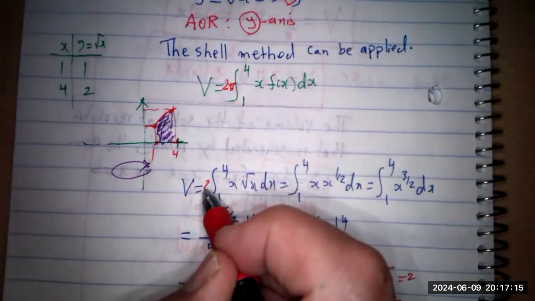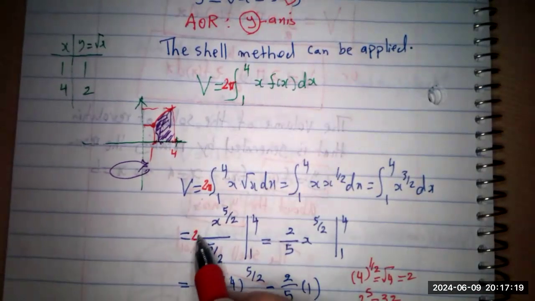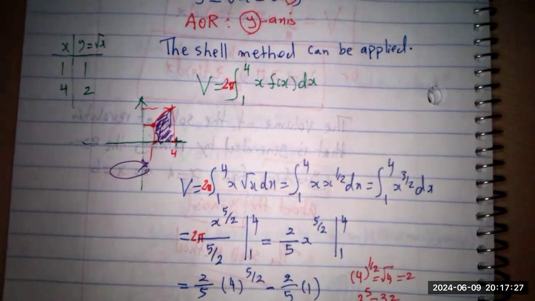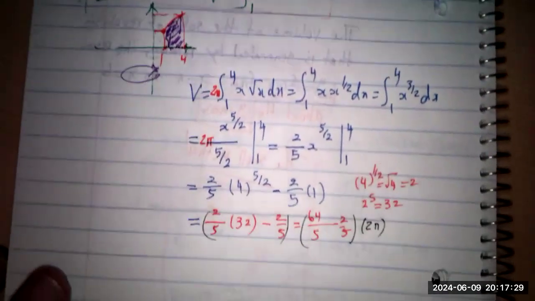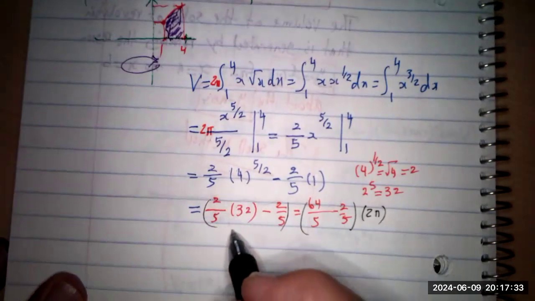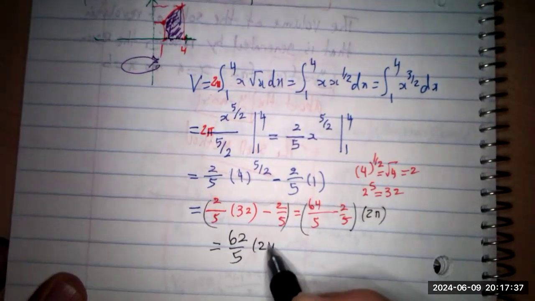So at the end, I multiply by 2 pi. Sorry about that, the formula has 2 pi. So that gives 62/5 times the 2 pi.